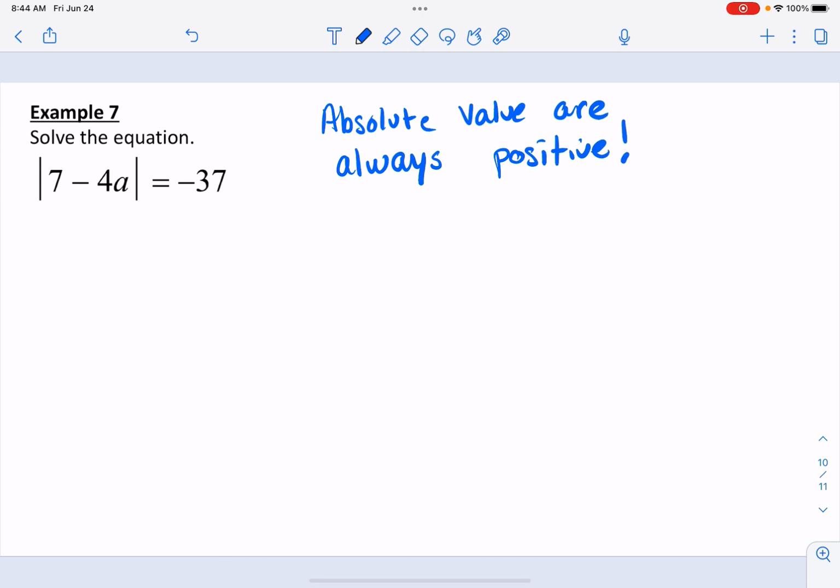I have the absolute value equals some negative number here. So don't just jump into the problem first. Think, does the problem make sense? This problem doesn't make sense because you have the absolute value equaling a negative number. Absolute value can never equal a negative number. So this answer is no solution.